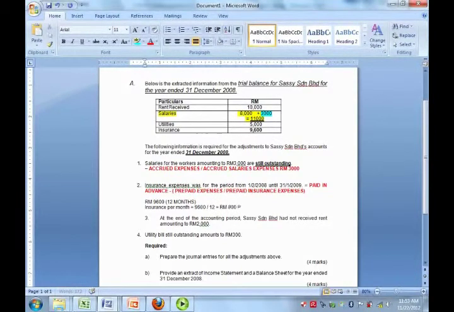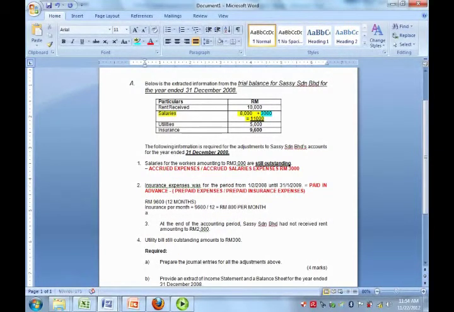RM 800 per month. So can I know the amount of your prepaid insurance expenses, class? 800, right? Because we only prepaid for 1 month. So your prepaid expenses is RM 800.